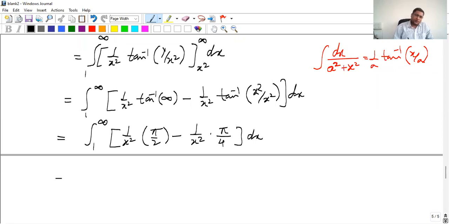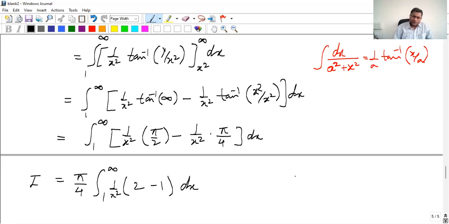Okay, so here I is equal to, we can have this pi by 4 common, and we can write 1 to infinity, 1 by x square common, so this is going to be 2 minus 1, dx. Is that okay?